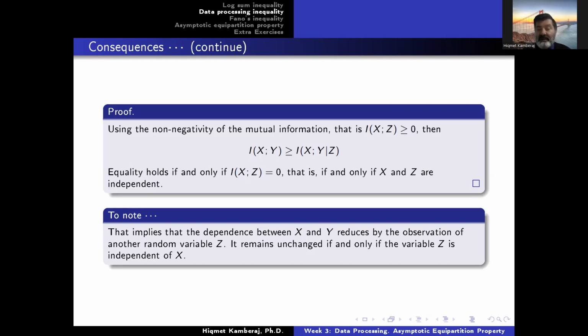That is, if and only if x and z are independent. That implies that the dependence between x and y reduces by the observation of another random variable z. It remains unchanged if and only if the variable z is independent of x.